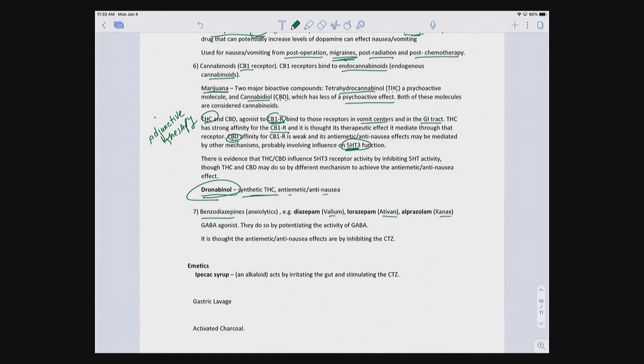So we say that benzodiazepines are a GABA agonist, which of course is the opposite of an antagonist. An agonist mimics what the normal molecule would do. But this is a special category, because benzodiazepines in and of themselves do not cause a biological effect on the GABA receptor.